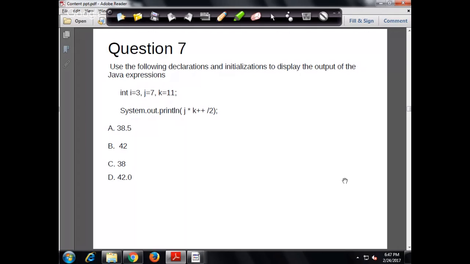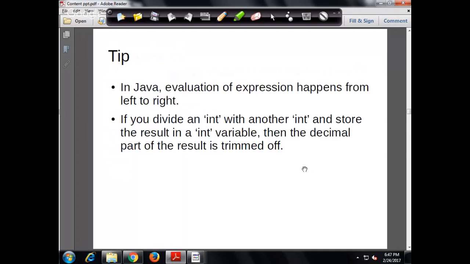Okay, guys, let me just give you the tip for this particular question. Just read the tip very carefully, because most of you have answered wrong. So read the tip carefully and try to relook at the question after reading the tip. So here's the tip.